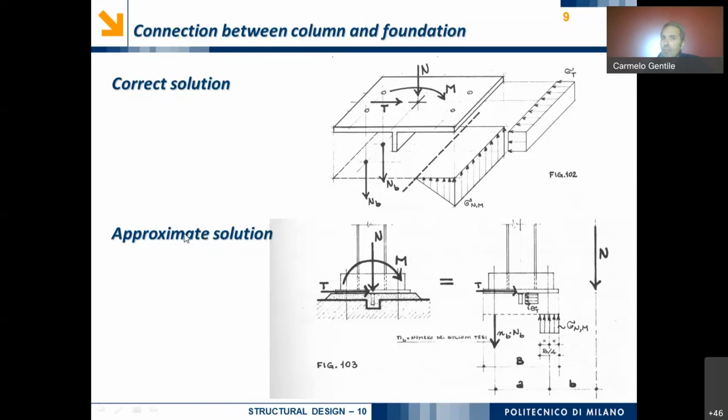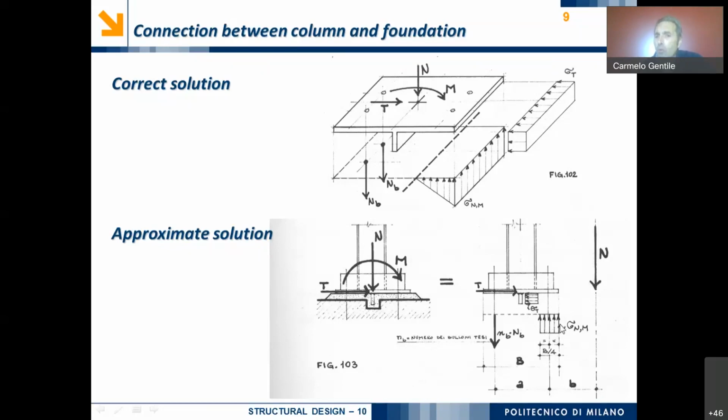Otherwise, I can also use an approximate solution. So instead of saying that these horizontal plates rotate remaining plane, we can say that the distribution of the vertical stresses is a uniform distribution sigma n m, not a distribution according to a triangular law.